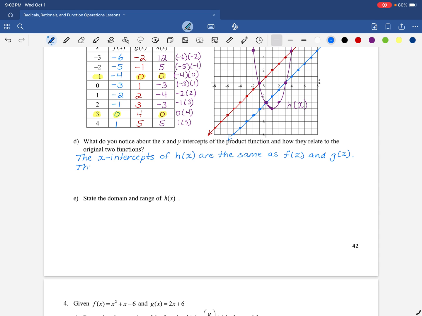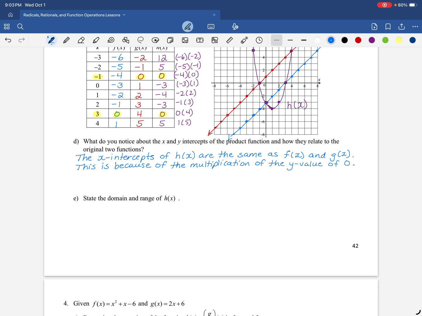This is because of the multiplication of the y value of 0. Okay, so anytime we times by 0, we're still going to have that 0.